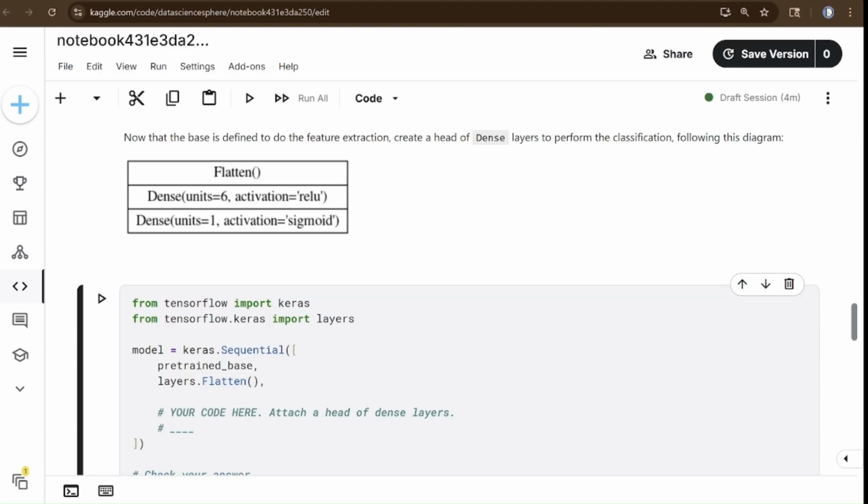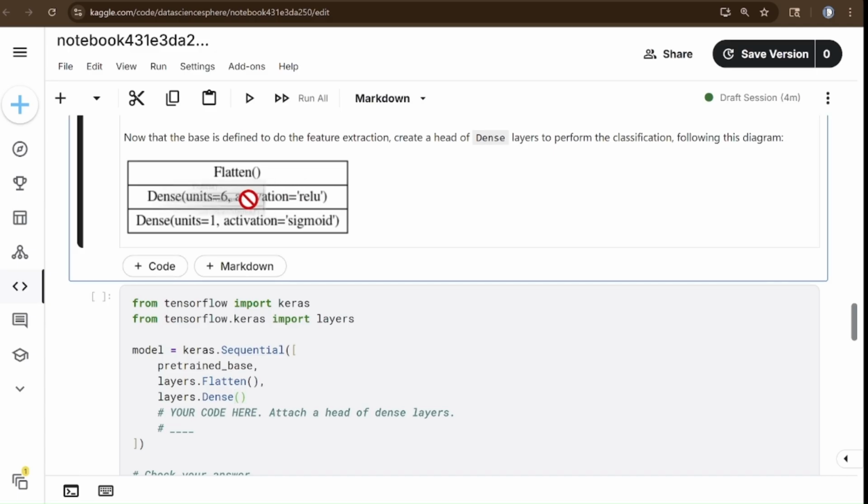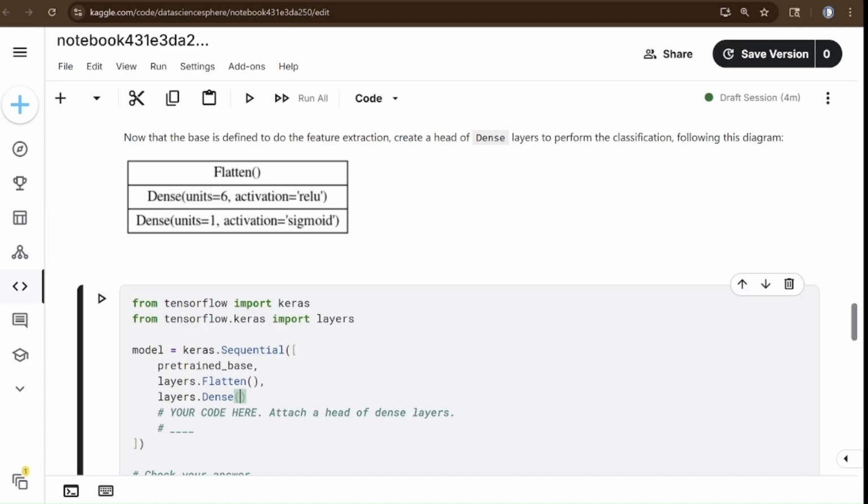Simply you have to just write layers.Dense. Here can I copy? No, this is an image, so I just have to write units equal to 6, activation equal to ReLU. The same thing.